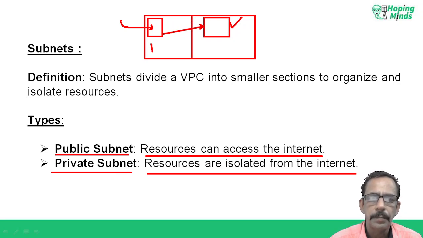Okay, this is my public, and this is my private. My database server and my application server. So in this way, we can design our network.